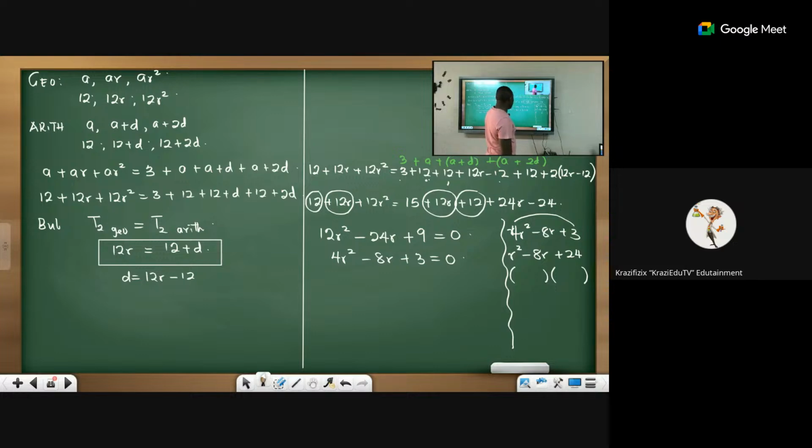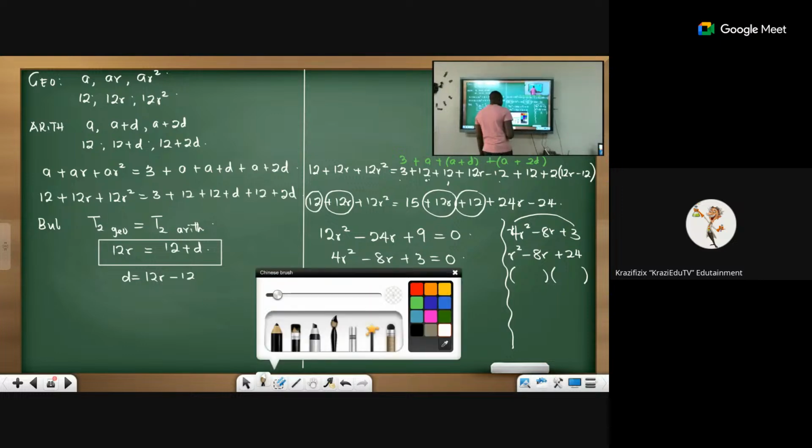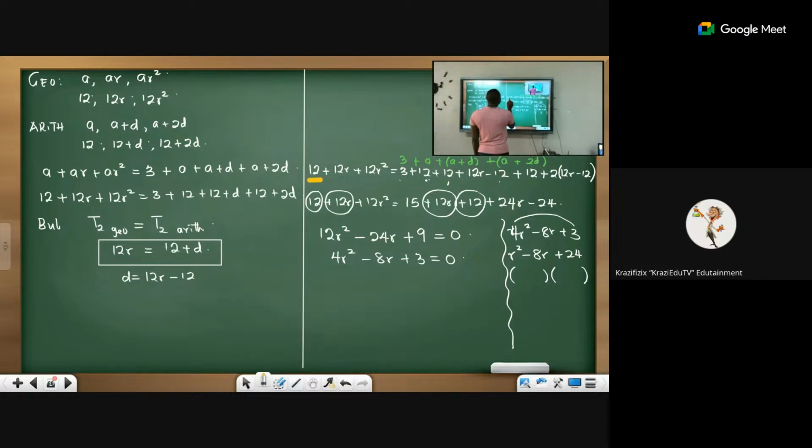Okay. Should it give us a decimal? I don't know. Let's try to recheck our steps quickly, everybody, just to make sure we are okay. AR squared. T1, T2, T3 is 3 more than A plus D, 12 plus 12R minus 12.